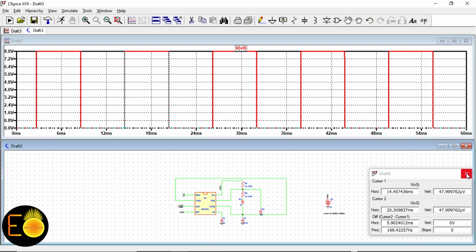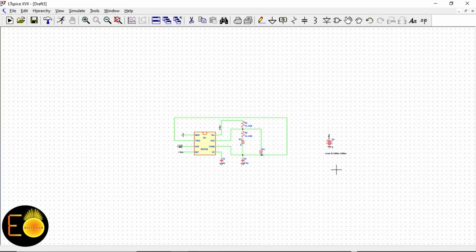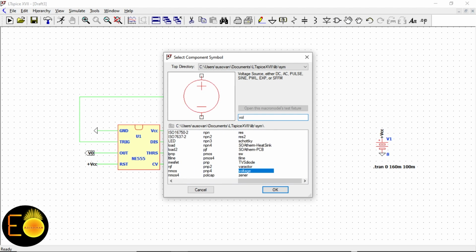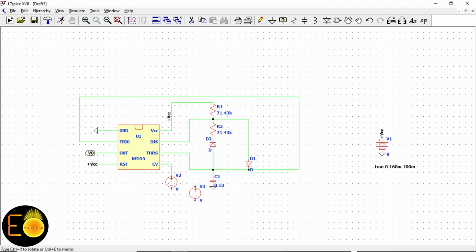Well, now let's see the most interesting thing that I have explained, that is the pulse width modulation, or the operation of the VCO. So I'm going to get the voltage source, but one problem is that I have designed for a period of 10 millisecond, and 10 millisecond means 0.1 kilohertz, that is 100 hertz.